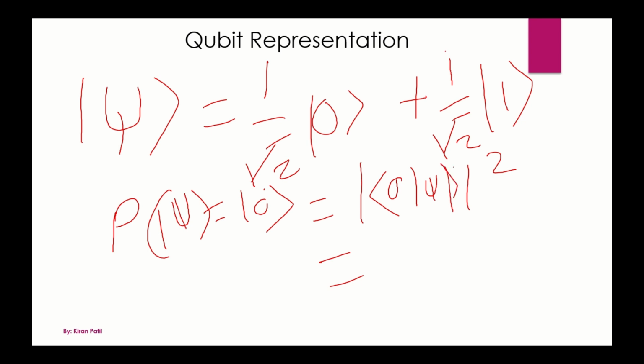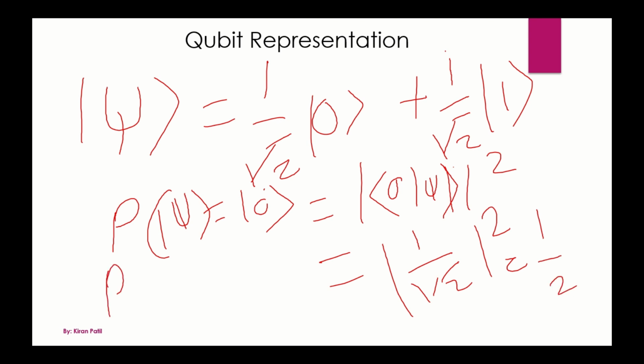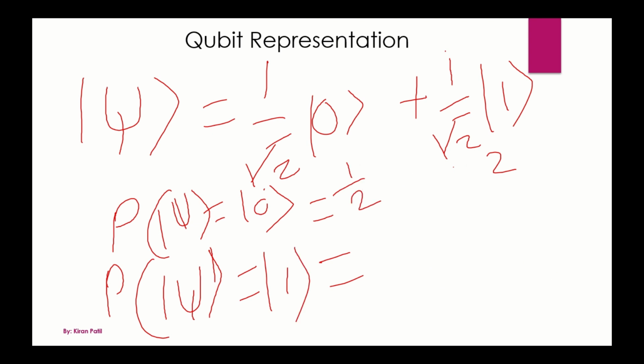If we solve this equation, we will get 1 by root 2 modulus square, which is the value 1 by 2, right? Similarly, if we calculate the probability of ket psi equal to ket 1, we will get the value 1 by root 2 modulus square, which gives the answer 1 by 2.